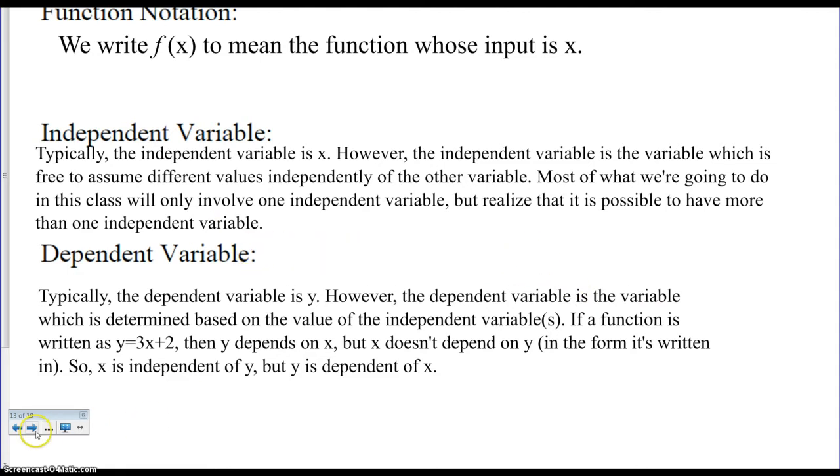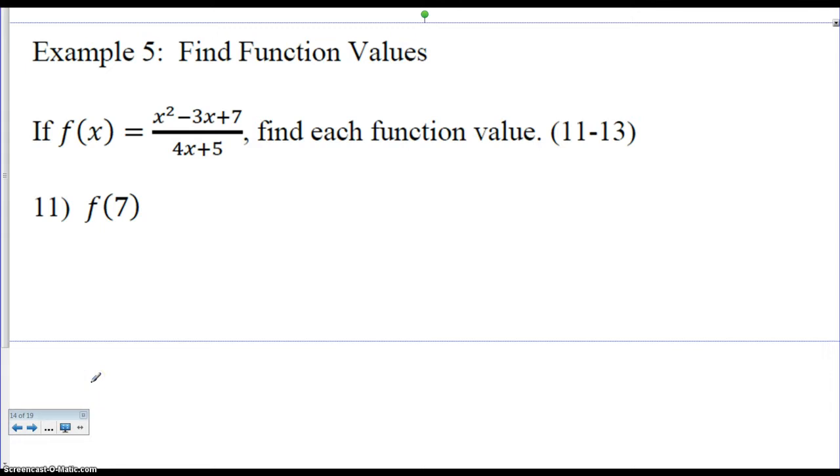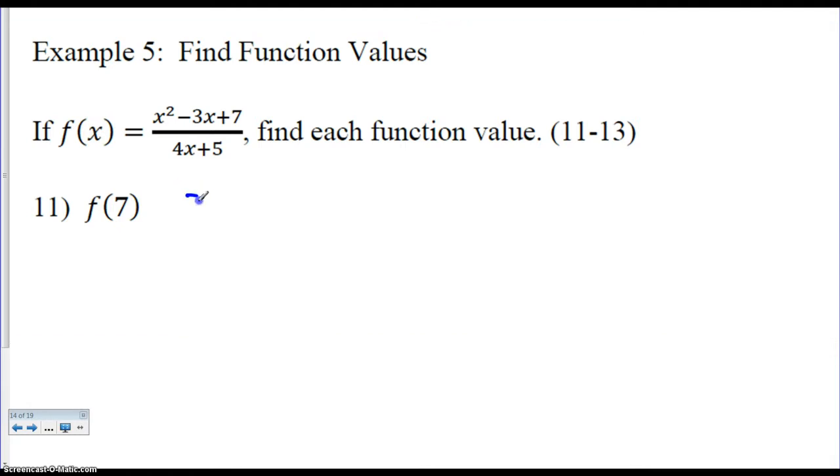So let's look at some here. What I have is f of x equaling x squared minus 3x plus 7 over 4x plus 5, and I want to find each value of the function. So when I look here, I am defining x to be 7. So what that means is I'm putting 7 in for x. So I'm doing 7 squared minus 3 times 7 plus 7, all over 4 times 7 plus 5.